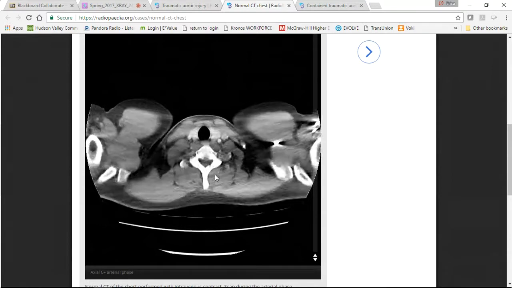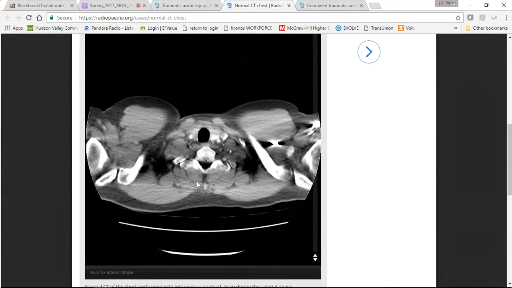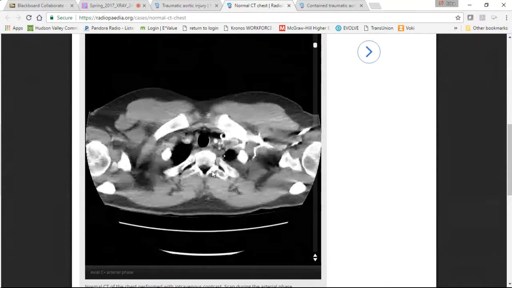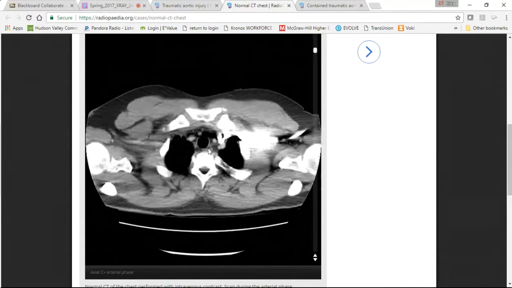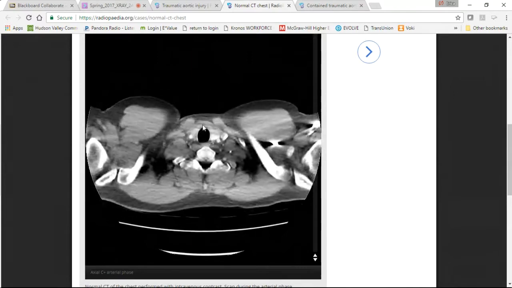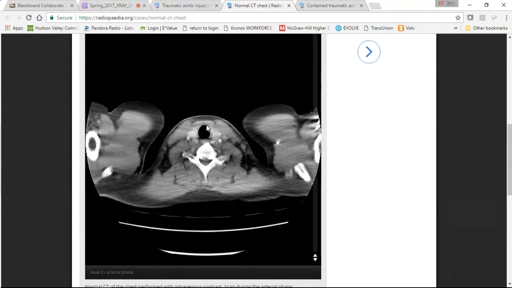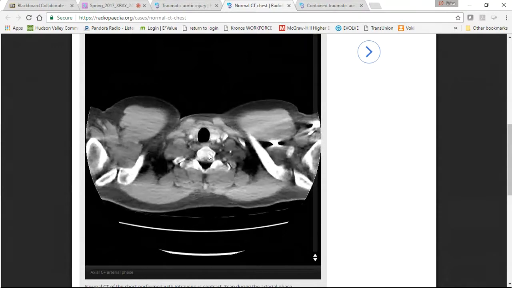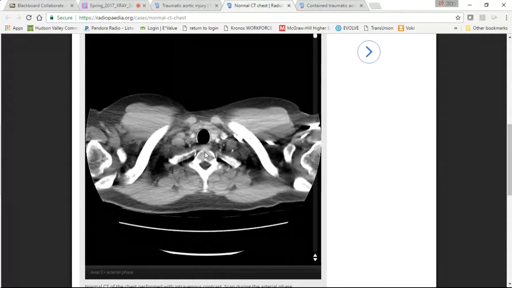Remember, the thoracic inlet is the most superior opening of the thoracic cavity that allows for nerves, vessels, and the airway to travel from the thoracic cavity superiorly up into the neck and then the brain. The thoracic inlet is bordered by the first T-spine, the first thoracic vertebra right here, and laterally by the first rib, which is right here.